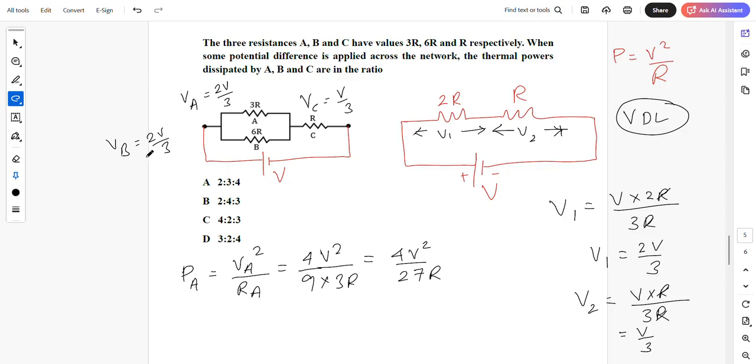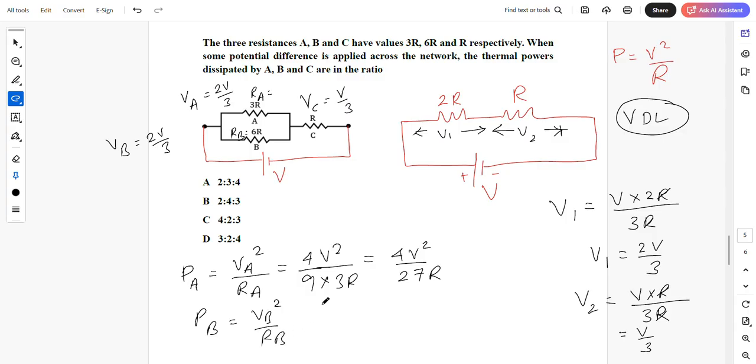VA is 2V by 3, VB is 2V by 3. Therefore, when I square VA, how much is it? If I square this one, it is 4V square by 9. This is RA, they have given. How much is RB? RB is 6R. Now calculate PB. PB is equal to VB square divided by RB.